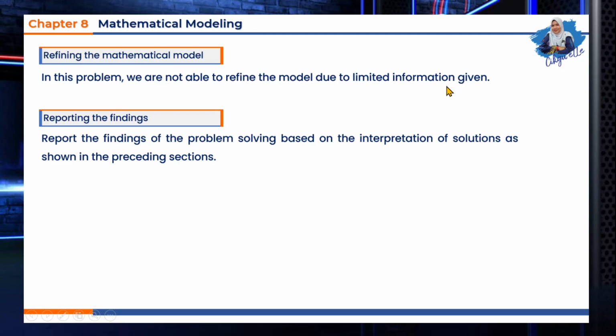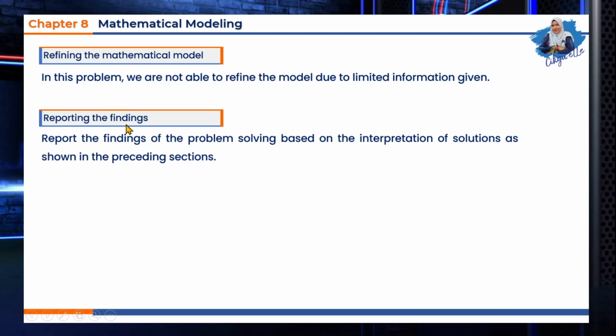Just give your justification about the shortcomings of the mathematical model created. Here you give justification that this model is not able to be used for other problems because of the limited information given.